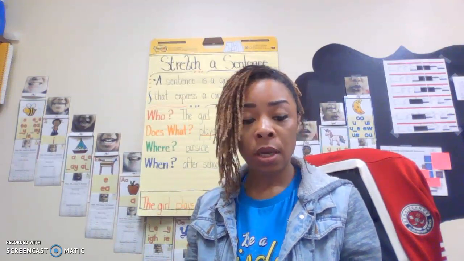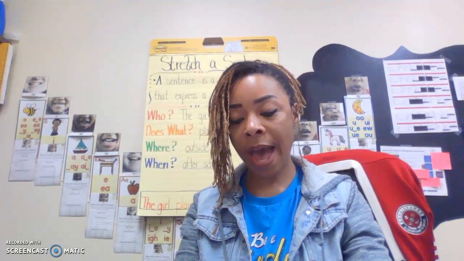This is how you teach your scholars how to stretch sentences. Remember, you don't have to start off large. You can start as small as I see. Okay? So you can start off as small as I see.